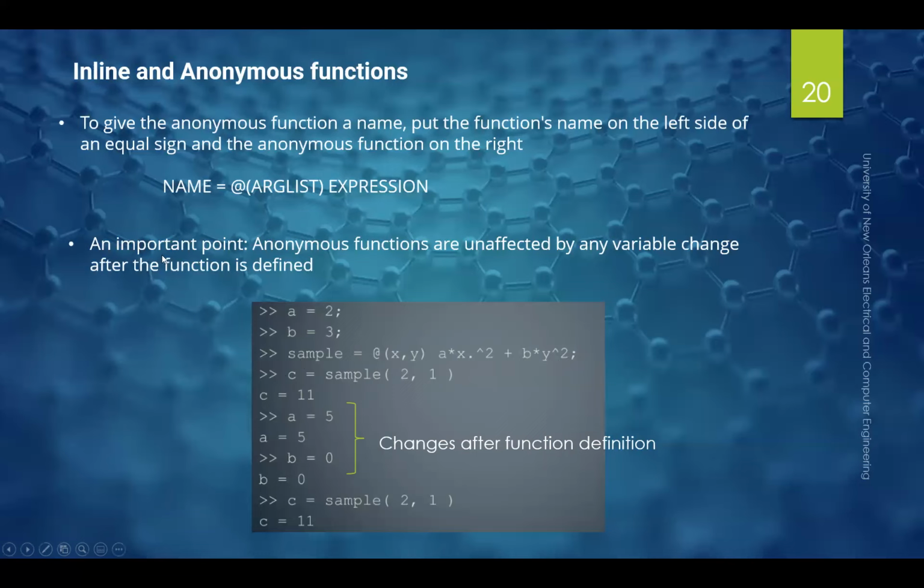And the other point I made previously is that an anonymous function is unaffected by any variable changes after the function is defined. In other words, the function is defined in this line, right? After the function is defined, notice here that we change the values for a and for b. Instead of being 2 and 3, now it's 5 and 0. And I called the sample function again with the same values for x and y, but this time it returned the same result.